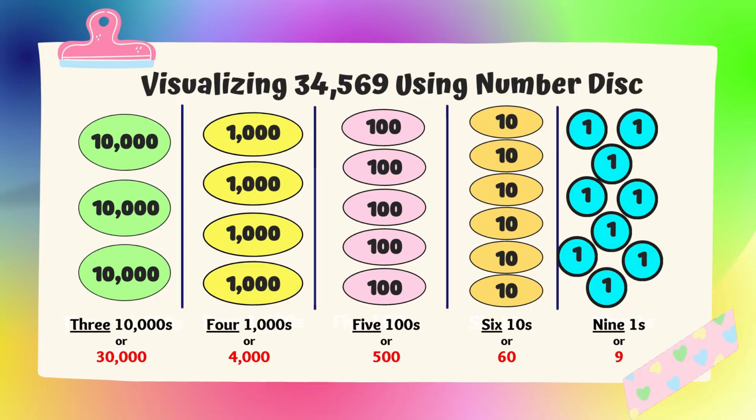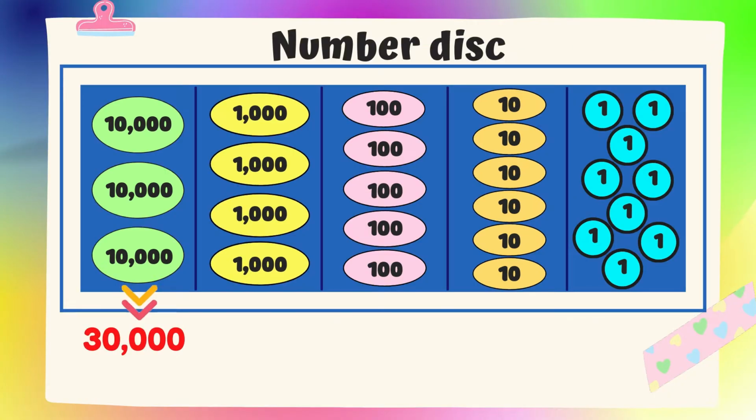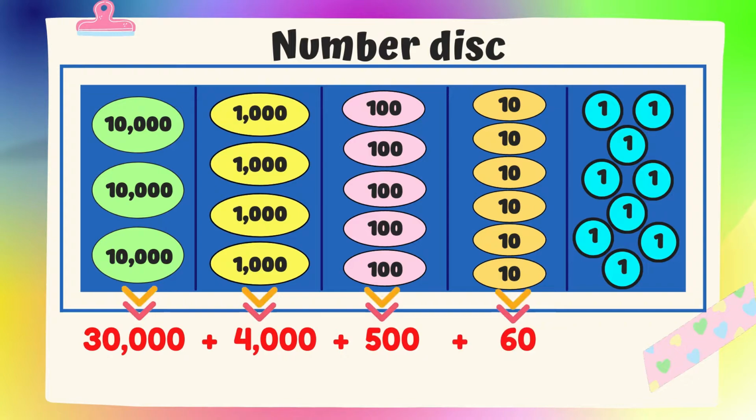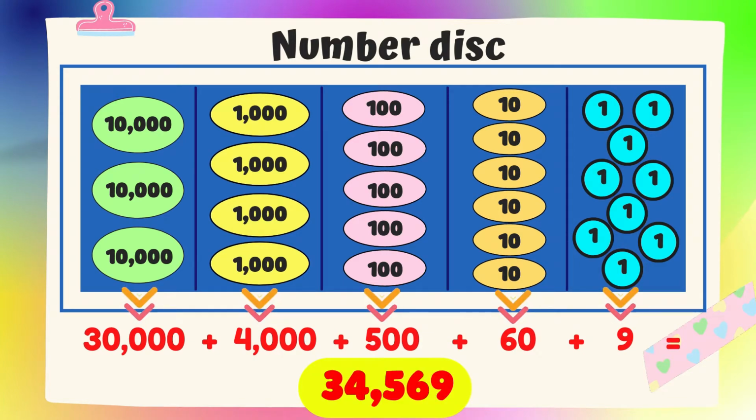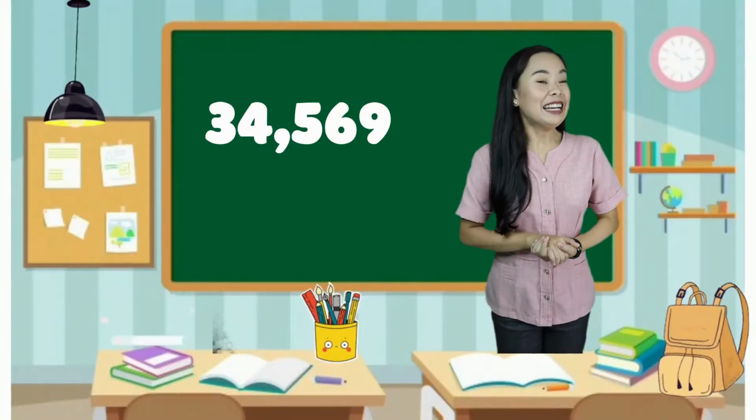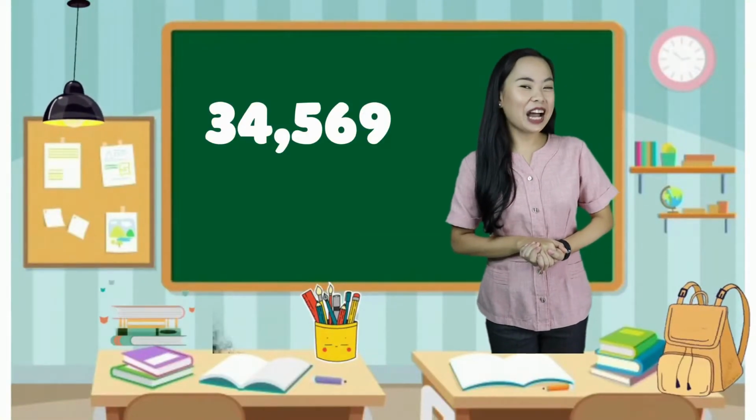We can also express their values in expanded form. Just simply write 30,000 plus 4,000 plus 500 plus 60 plus 9 is equal to 34,569. Now, let's read and write the number.